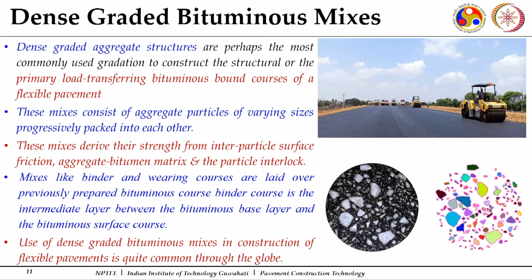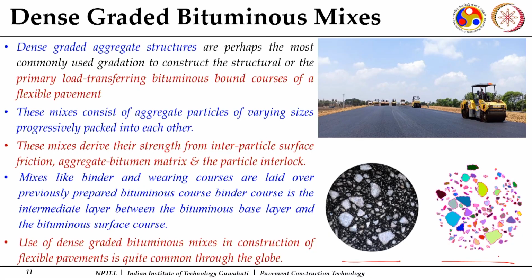Now when it comes to dense graded bituminous mixes, which are used again for higher traffic, it is used as a binder course also, and as a base course also. To get an idea how it looks, we can have these two images. Here you can see there are various sizes of aggregate particles, coarser, smaller, more smaller, then fine dust, only aggregate particles are shown.